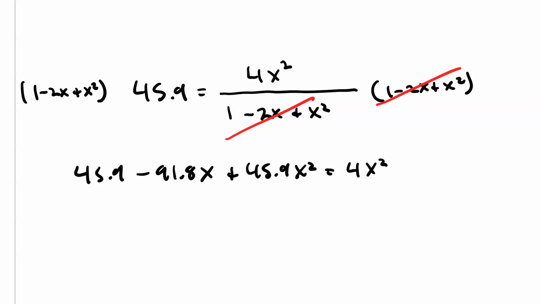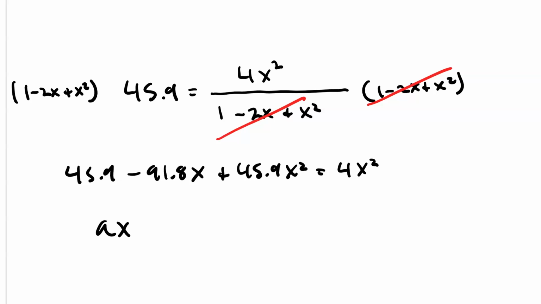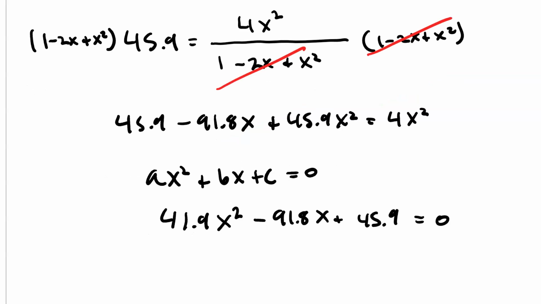And we want this to be in the form ax squared plus bx plus c equals 0. So we'll subtract 4x squared from each side. And so we get 41.9x squared minus 91.8x plus 45.9 equals 0.